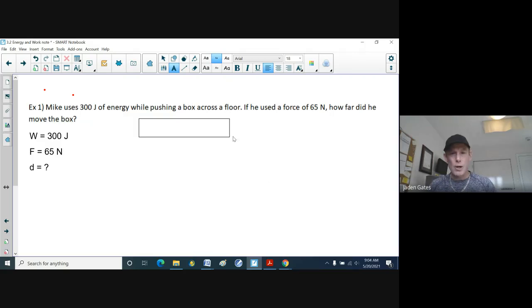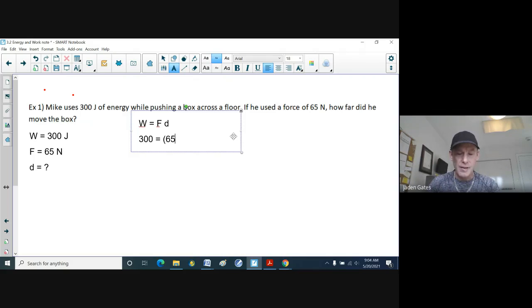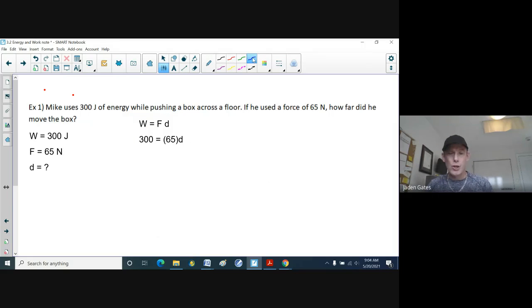All right, so obviously our formula today is work equals force times distance. So that's what we're going to use. I'm going to plug in my values. Work is 300. My force here was 65 newtons, and we're trying to find the distance. I'm just going to get d by itself here, so I'm going to have to divide both sides by this 65.